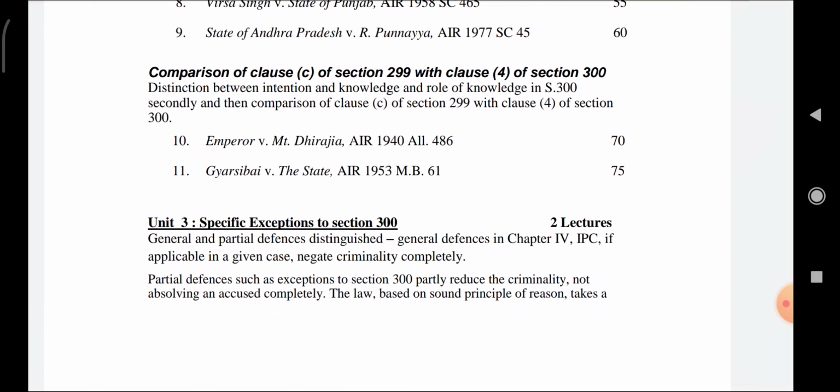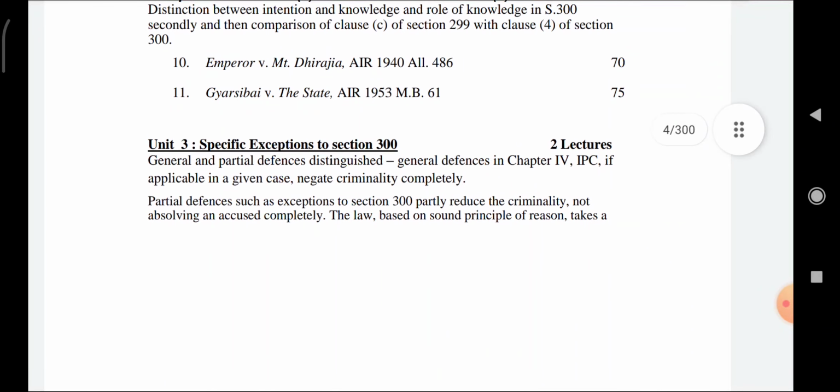Okay, general and partial defense. Distinguish general defenses in Chapter 4, Sections 76 to 106 of the IPC, which, if applicable in a given case, negate criminality completely.